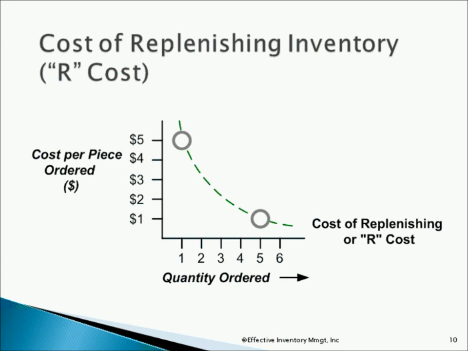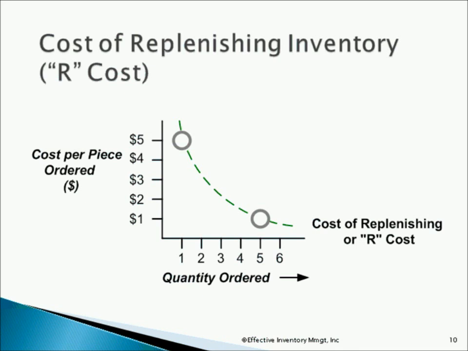cost. But if we order 5 pieces, we still have that $5 cost per line item of buying the product. If we buy 5 pieces, each piece only has to absorb $1 of that $5 total charge. You're going to see your cost of replenishing inventory decreases rapidly the more you buy.